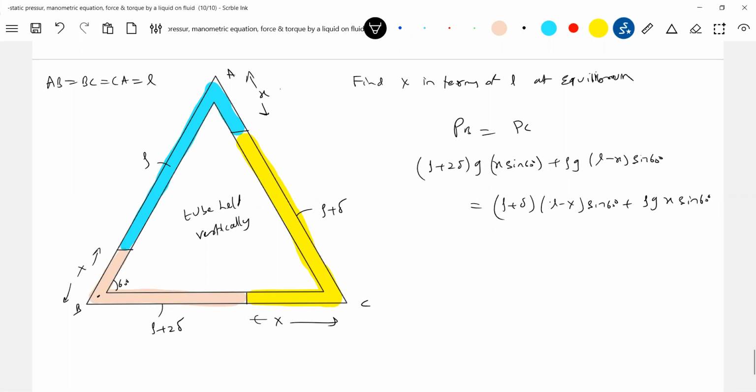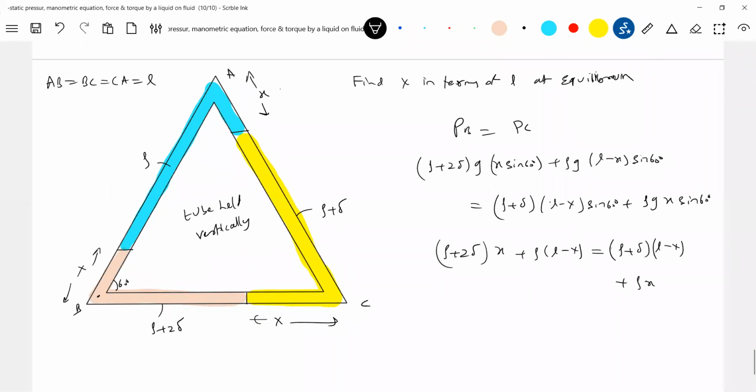So G sine 60 degrees will get cancelled out. So rho plus 2 delta, rho, L minus X is equal to rho plus delta, L minus X, plus rho X.